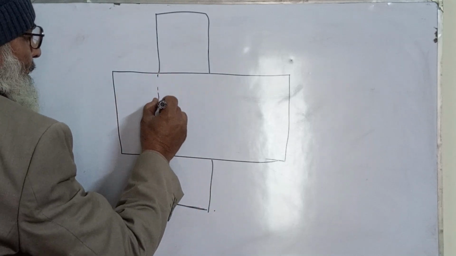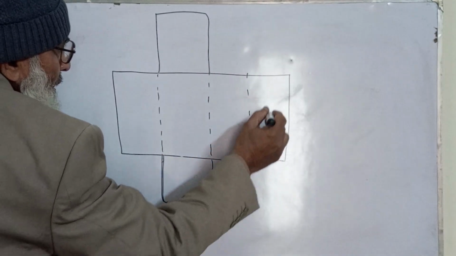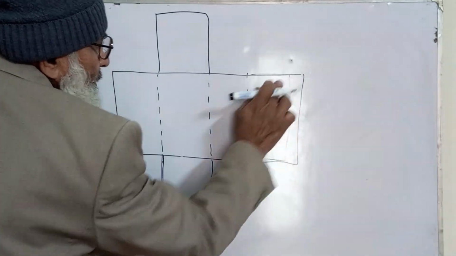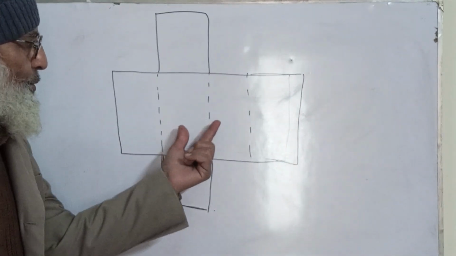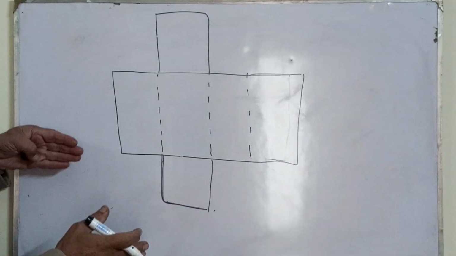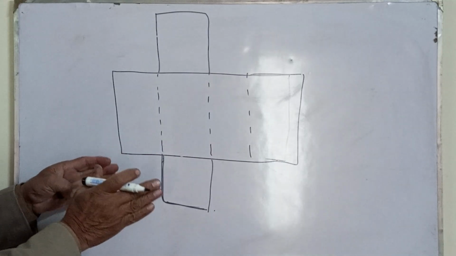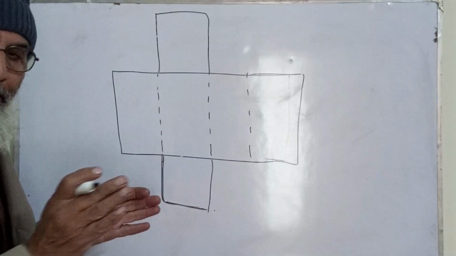Now, for example, this was the activity, and here you can see one, two, three, make it like this, and four faces. You see, there are six faces: one, two, three, four, five, six. This is not to scale, in fact, so you may see it a little different from what I am explaining.